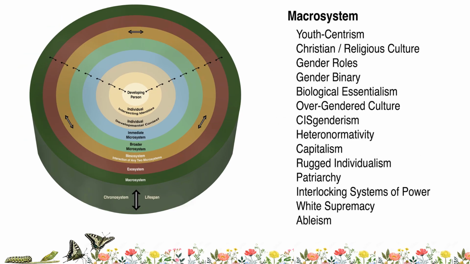All right, and then the macro system, again, consistent with how Bronfenbrenner explained it. Like the ecosystem, it does not explicitly include or directly involve the developing person. It comprises broad ideologies and beliefs such as capitalism, patriarchy, white supremacy, all of which influence the developing person via more immediate contexts, like the microsystems. People are often unaware of these structural forces, especially those who conform to them.